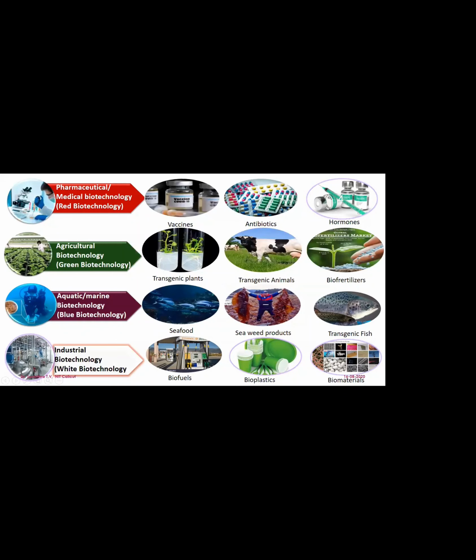Next is green biotechnology. It's very much related to our life. It's for good agricultural methods we can adopt for better yield, and for disease resistant and drought resistant varieties, through the production of transgenic plants.